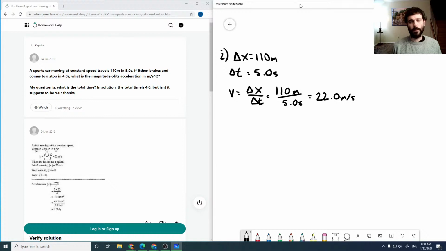And then we use this velocity in our second part, for which we are looking for the acceleration.